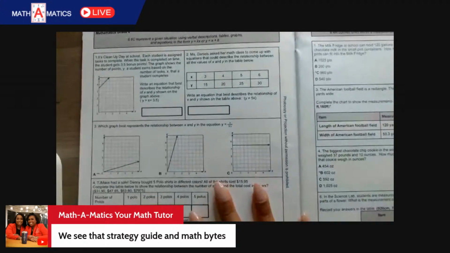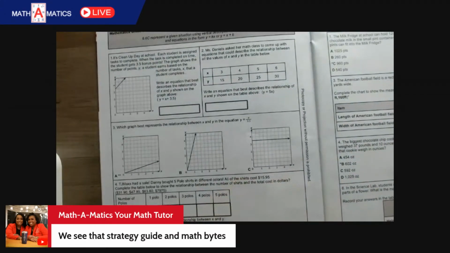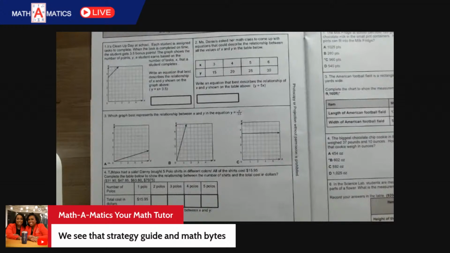We have them for 6th, 7th, and 8th. They are Texas aligned. And since tonight we were talking so much about y-intercept and y = mx + b and all of those things, 6th grade is where we really start talking about those things in middle school. So I was going to grab a problem for here, just for us to look at together tonight.